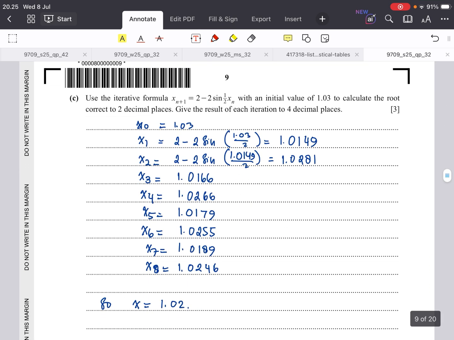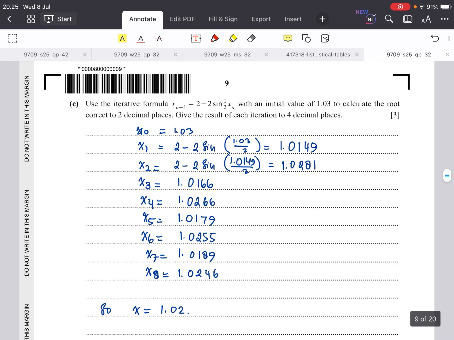And then for part C, use the iterative formula xn plus 1 equals 2 minus 2 sine half xn with an initial value of 1.03 to calculate the root correct to 2 decimal places.